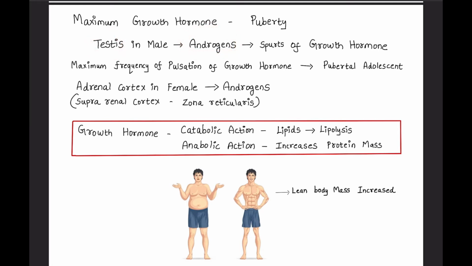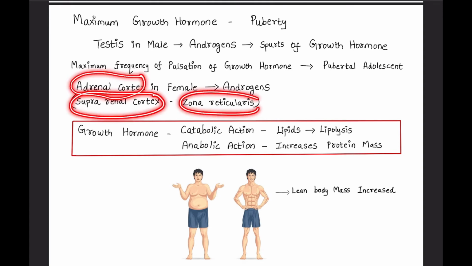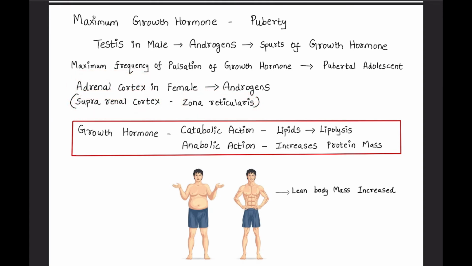In order to compensate, in females the adrenal glands secrete androgens, and they compensate for the growth spurt in females. In the adrenal cortex, or suprarenal cortex, in the area of the zona reticularis, you have the synthesis of androgens.